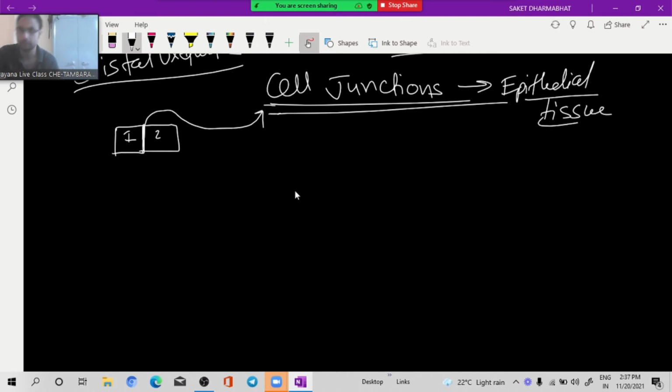Now suppose this is cell number 1 and this one is cell number 2. The cell junction is looking like this. Now we will see in enlarged view how it is looking.